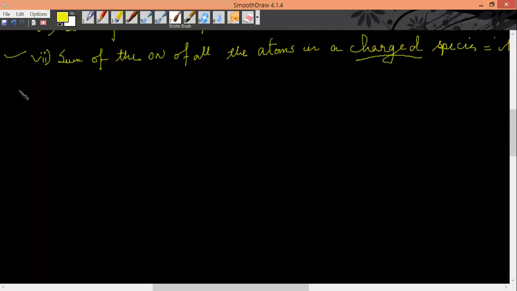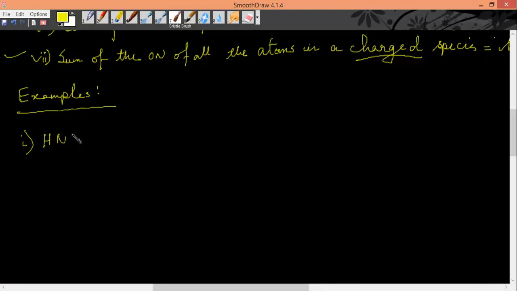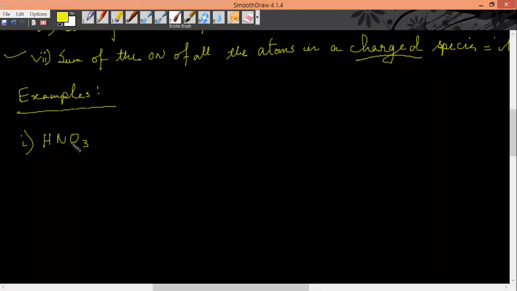Let us see a few examples so that the rules will be clear to you. First example is nitric acid. We have to calculate the oxidation number of this nitrogen. Let us consider it as unknown, X. For one hydrogen we have plus 1.